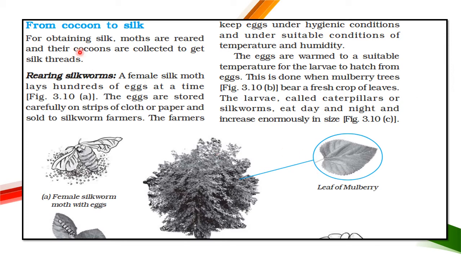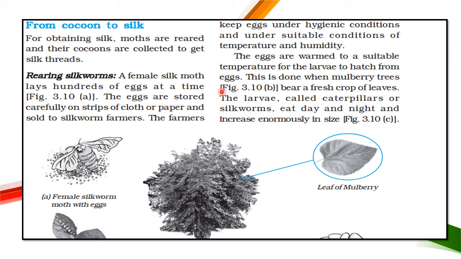From cocoon to silk. For obtaining silk, moths are reared and their cocoons are collected to get silk thread. Rearing silkworm. Please underline. A female silk moth lays hundreds of eggs at a time. Figure 3.10a.